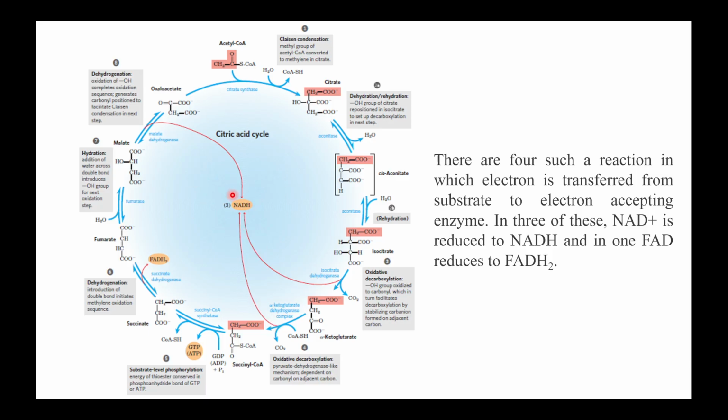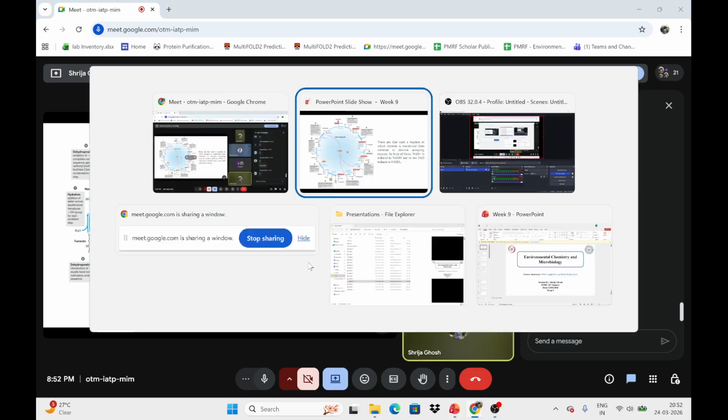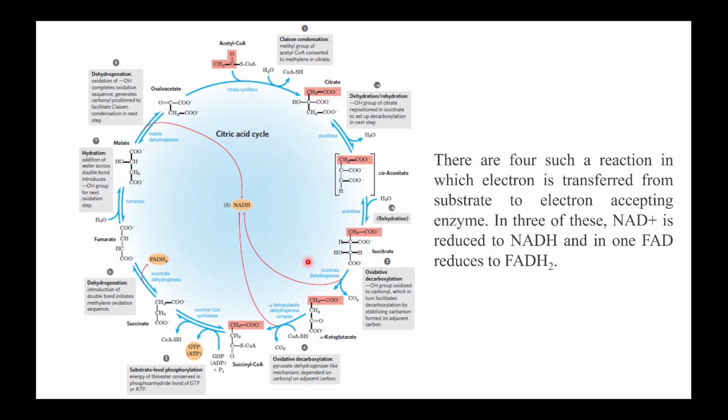NADH dependent enzymes are generally named as dehydrogenase, because there's a dehydrogenation reaction happening here. Is this clear to everyone? The citric acid cycle pathway is clear to everyone?